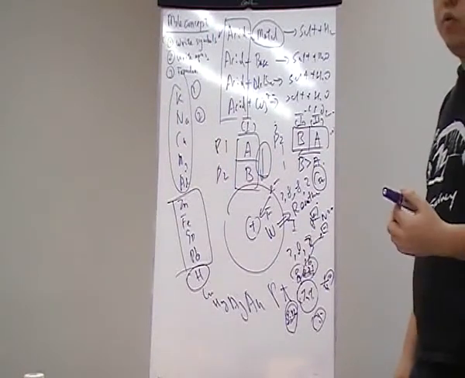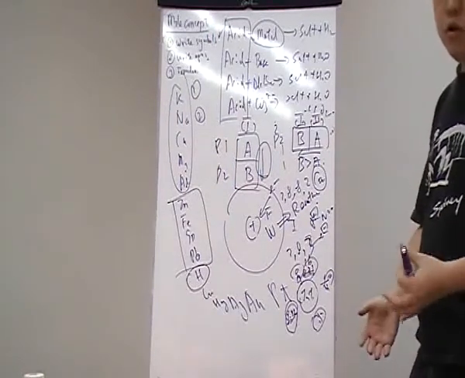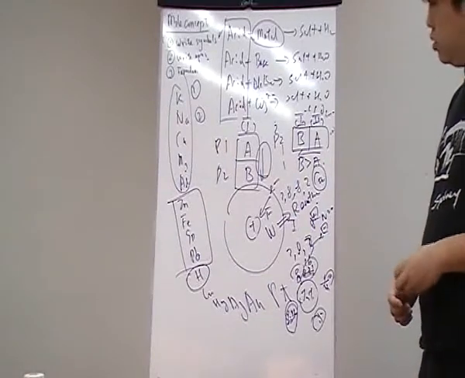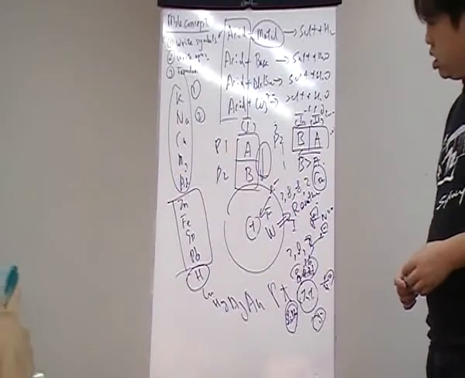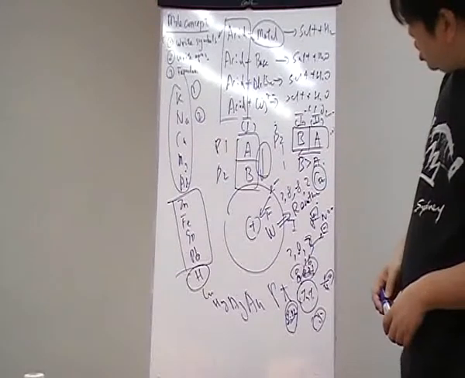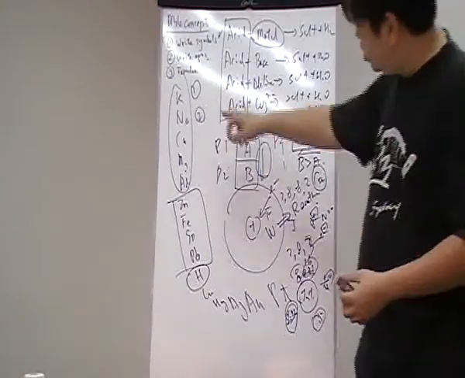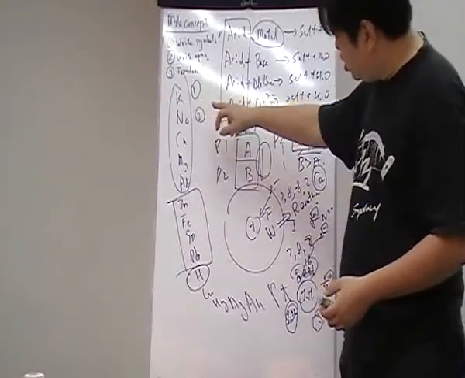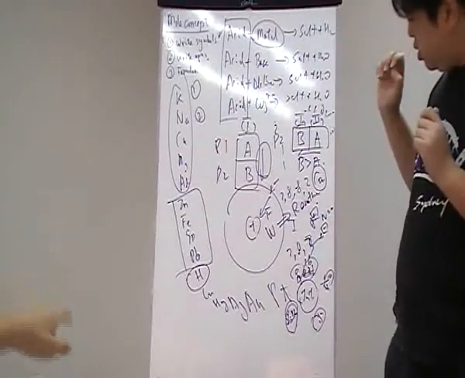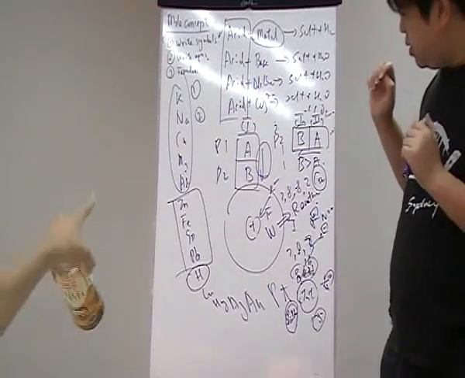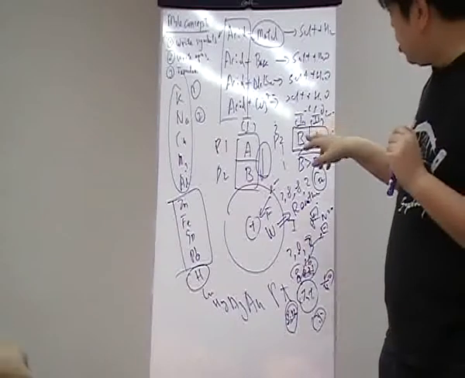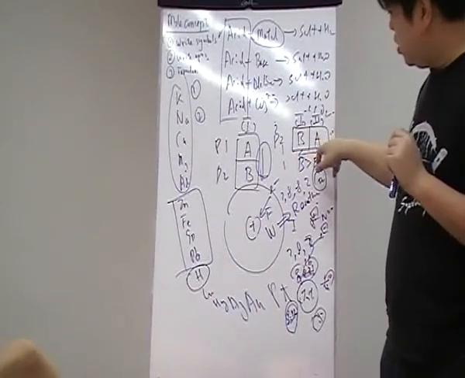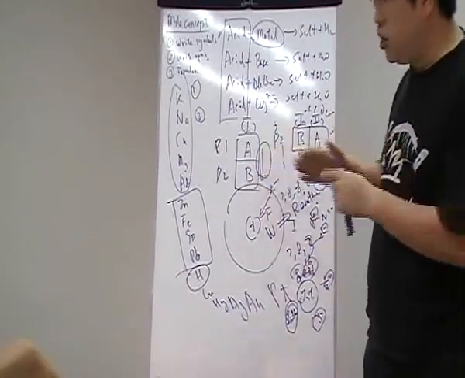Why more reactive? Normally it will be oxidized. Why more reactive? Say again? Now why is A more reactive? Which one? The number 1 one. Period 1, period 2 and the first column. You did not say why that one is more reactive. This one, because of the distance.